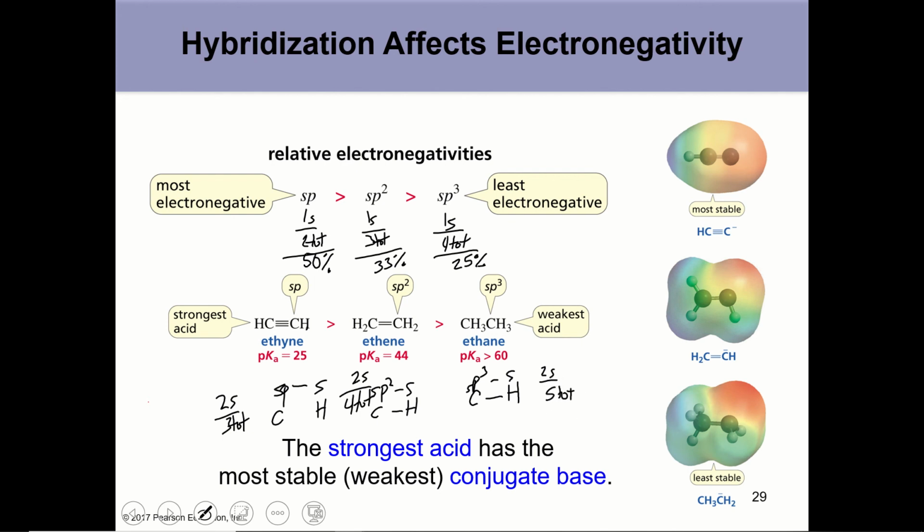So we have 1/2 s to 1/3 s to 1/4 s character, comparing the triple bond to the double bond to the single bond.